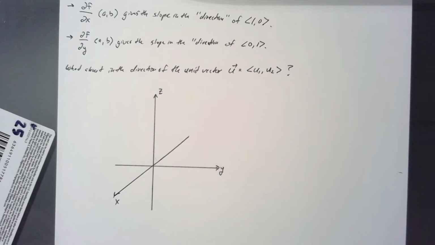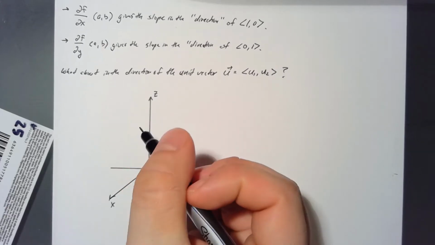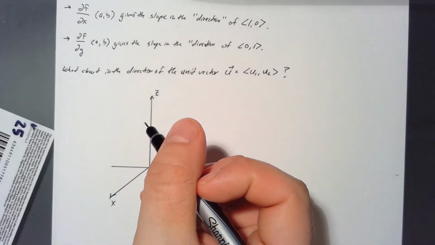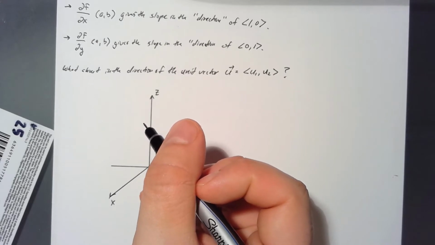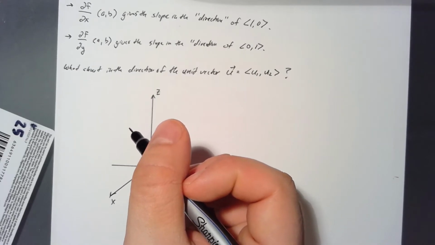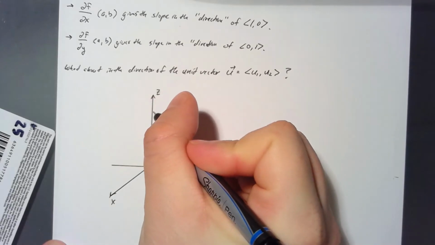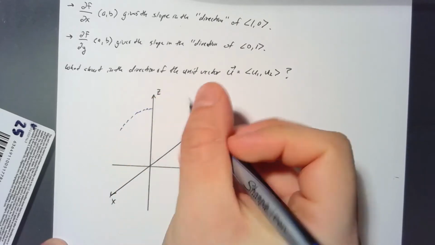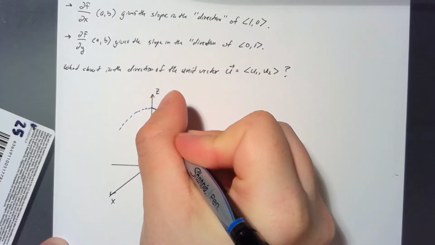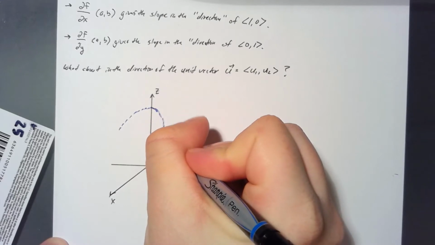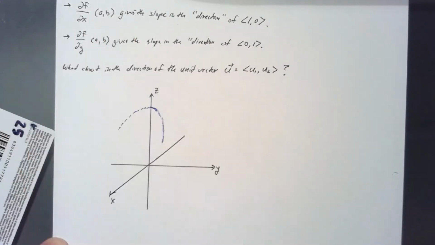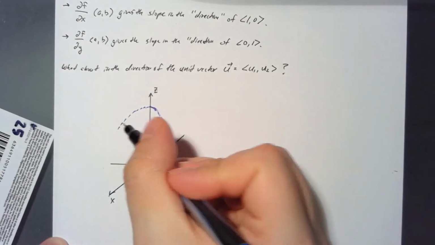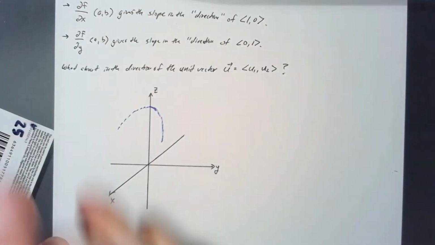So let's say we have a curve. So let's say this curve looks like something like this. So this curve is actually coming out towards you. That's why I put dash lines here, because it's in the back right there.